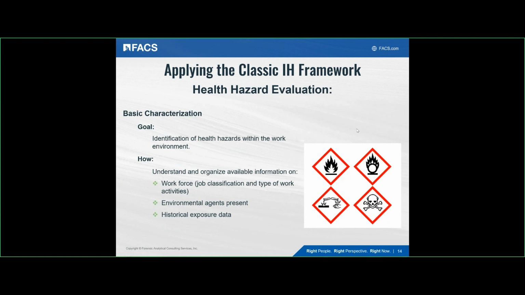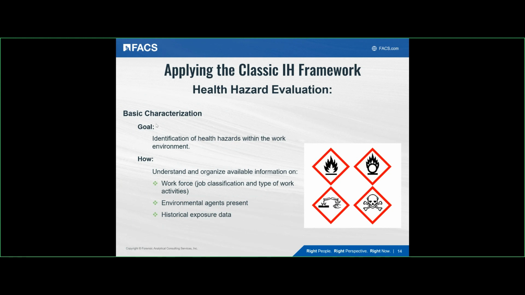Beginning with basic characterization, right? Your goal here is to identify the health hazards within your work environment. And you can do that a number of ways. And primarily, you want to understand and organize the information available to you on how your workforce is organized, staffed, and assigned tasks through job classifications or job titles.